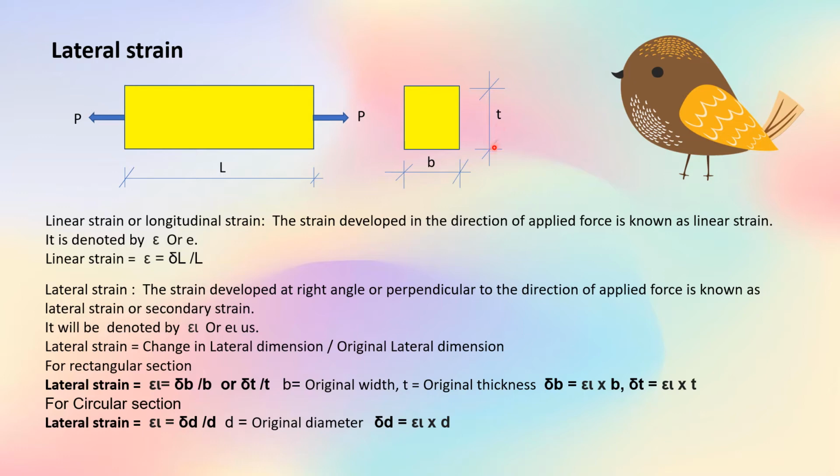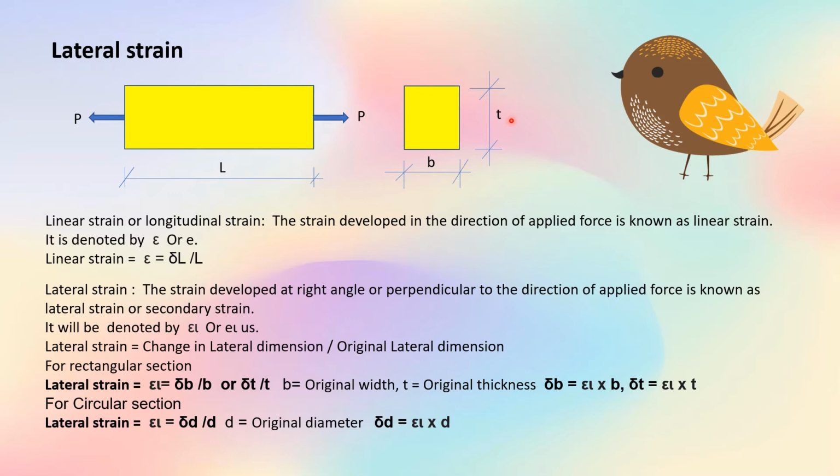And so if delta L upon L, increase in length upon original length, is taken as positive, which is linear strain, then the decrease in width upon original width, that is delta B upon B, that lateral strain will be negative, and the delta T upon T also will be negative. So if the linear strain is positive, lateral strain is negative. This is what we have to understand.